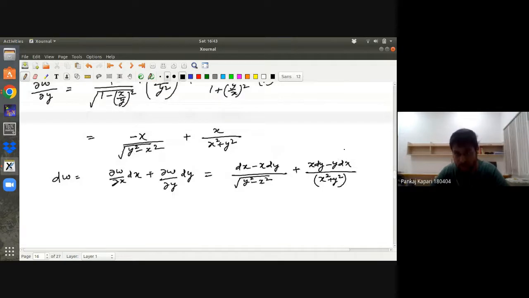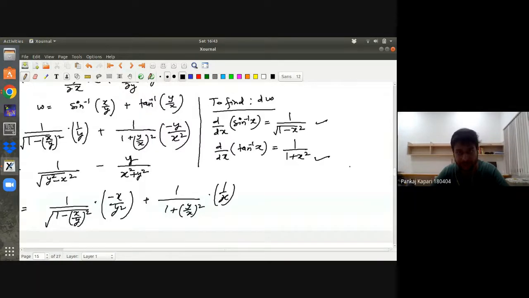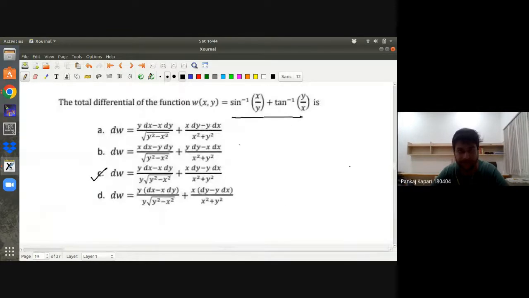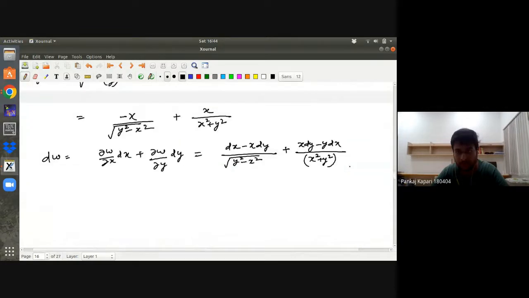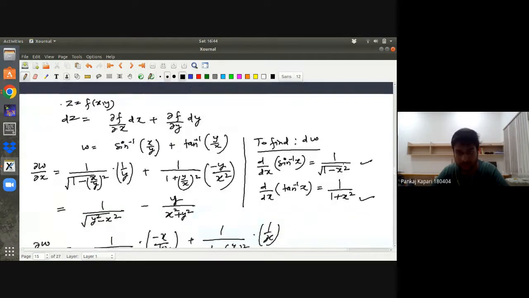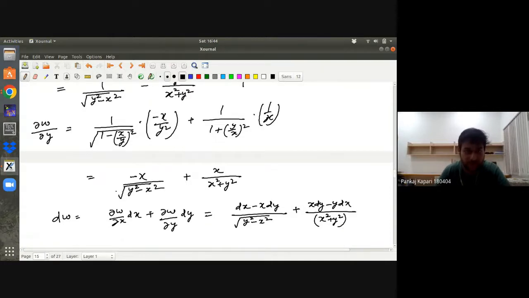So let's see if this matches with option C. So y dx minus x dy. The second term is the same, but there is a problem with the first term. You can see that here there is one more y, right?